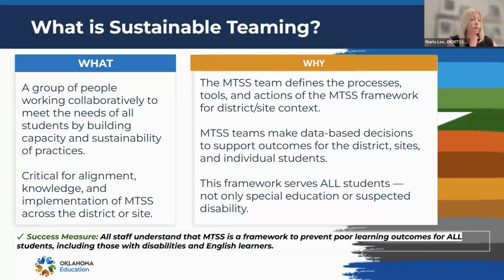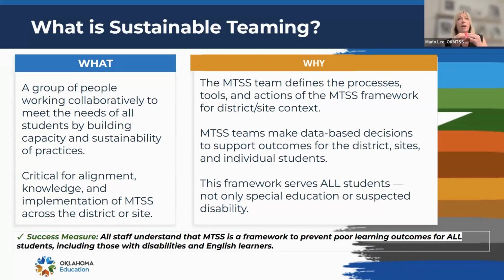As we go through our slides for today, each section that we talk about will build on the one before it. Also, one thing I forgot to mention: on our slides today at the bottom, you'll see a little check mark that says success measure. This presentation was built off of the information from our implementation guide that's on our website under sustainable teaming.